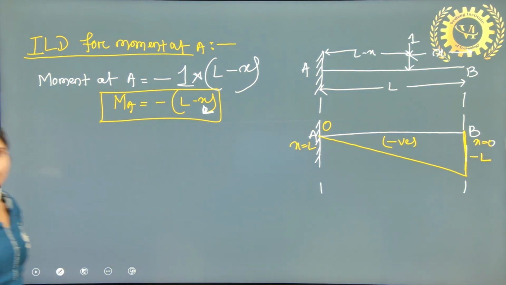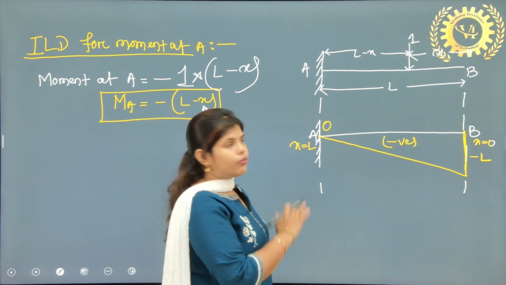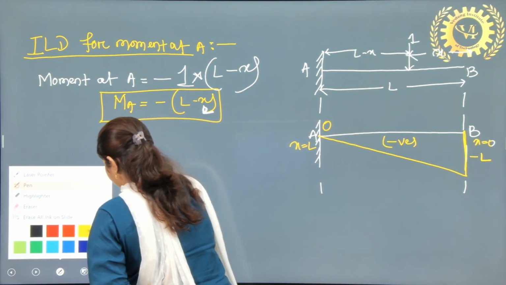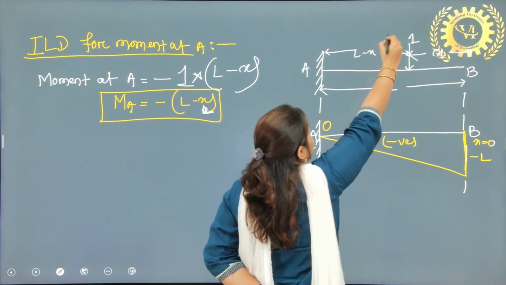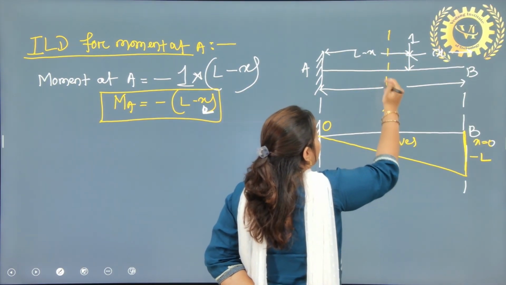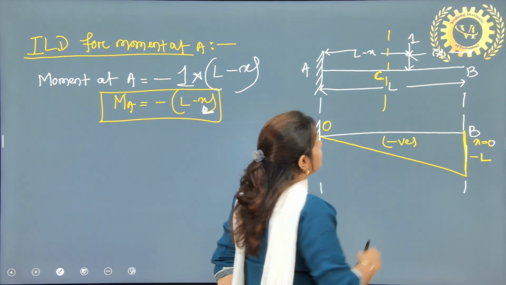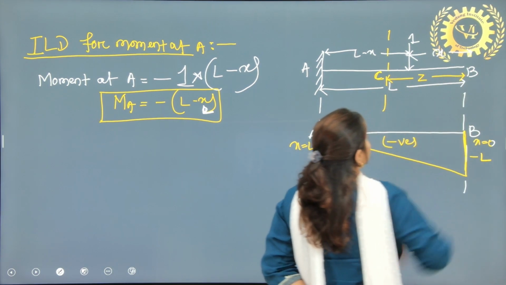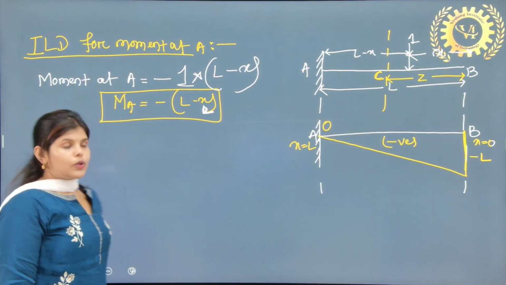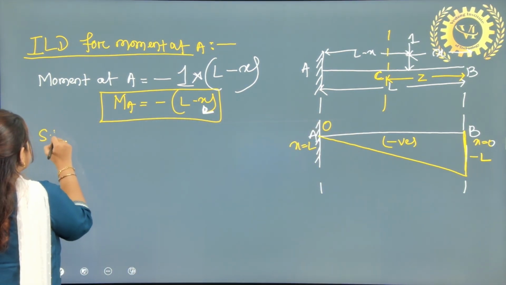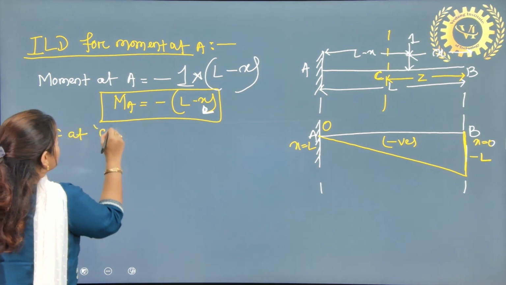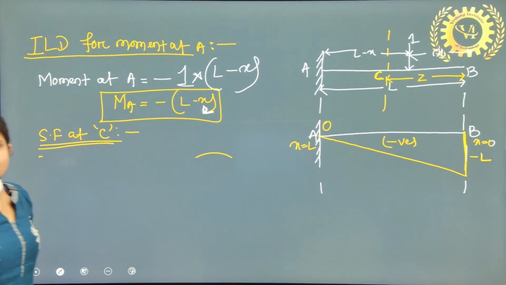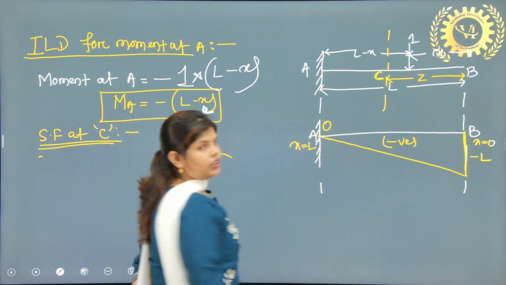Okay. Now we know that the load 1 is moving. So now we will take a section and name it as C, and let the distance here be z. First we will go for shear force at C. Previously we know that shear force is constant all over the section.